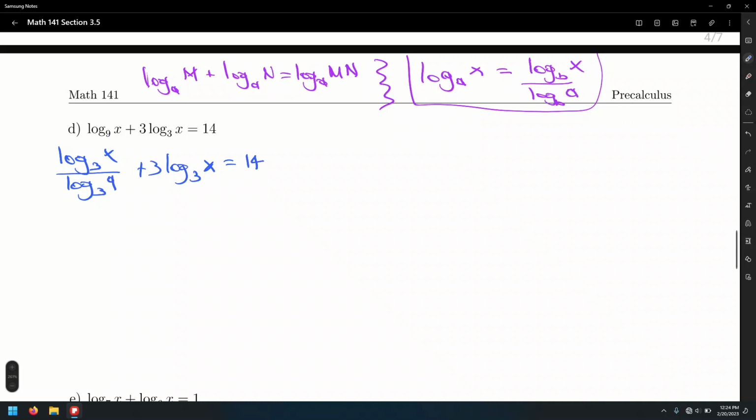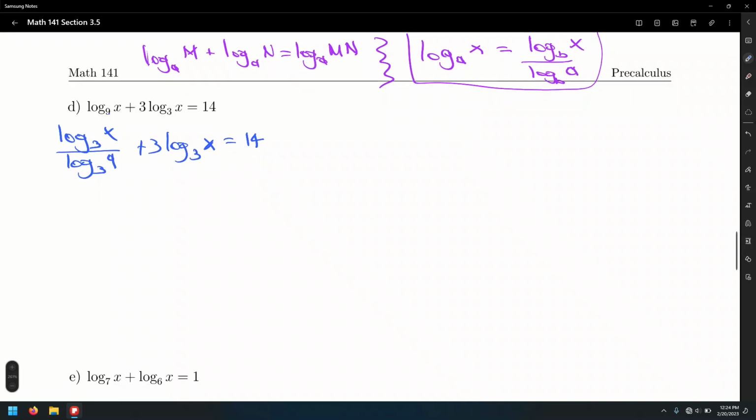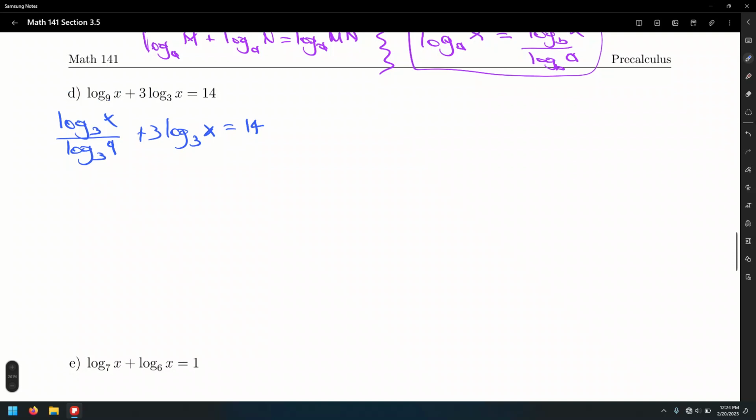And if it looks a little funky here, check this out. Check the quantity in the denominator. It's actually a nice number despite the notation, despite it looking like weird logarithms of weird bases. That's because the denominator can be rewritten, since we have the number 9 in the argument.